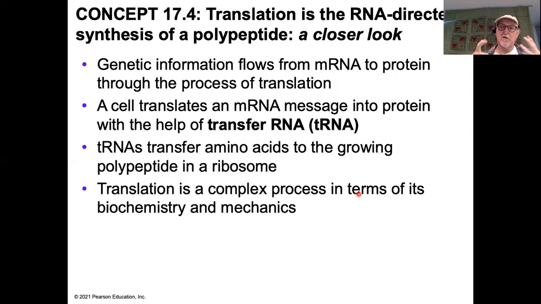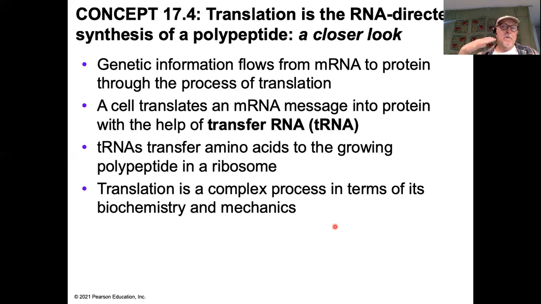The first is structural. It is folded into the shape of the ribosome, and it is accompanied by specific proteins in the ribosome. But the second thing about the ribosomes is that their RNA has enzymatic function. It is also a ribozyme. So a lot of the reactions that take place in translation are catalyzed by the RNA of the ribosome itself.